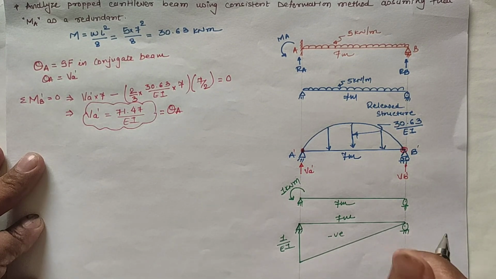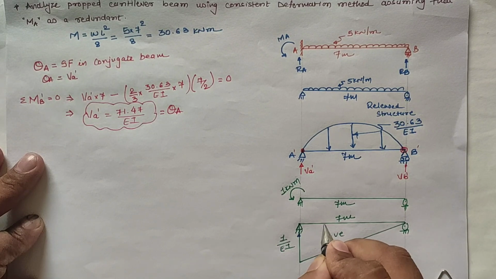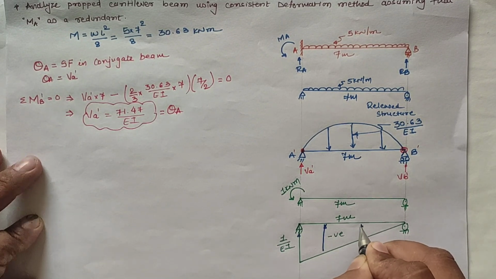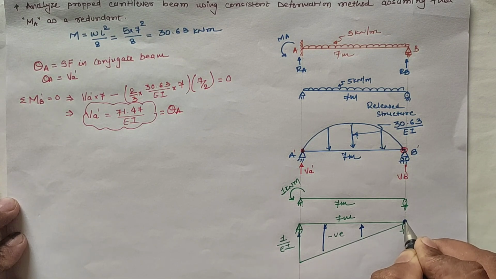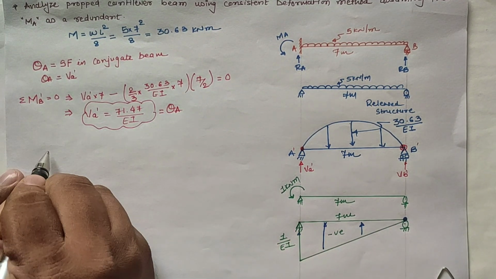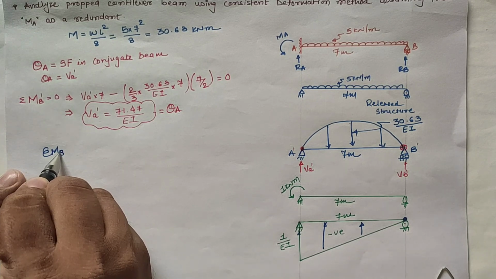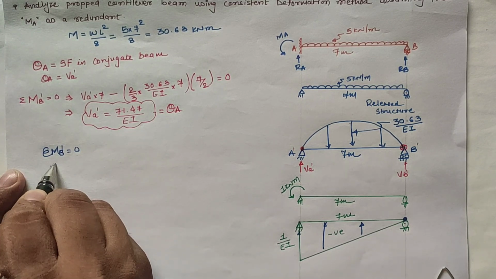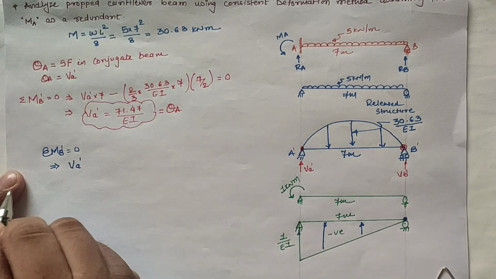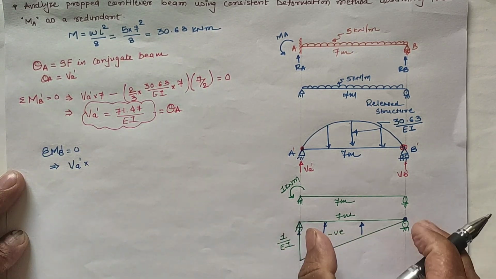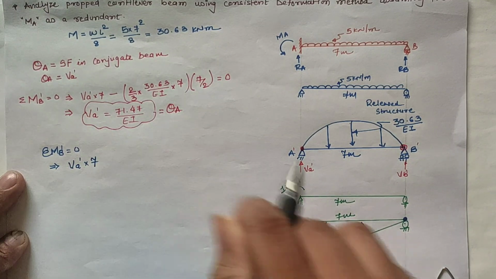Now for this loading, if we take the moment at location B, then the moment at B dash must be equal to 0. It means VA dash into the total distance of 7 is in clockwise direction.